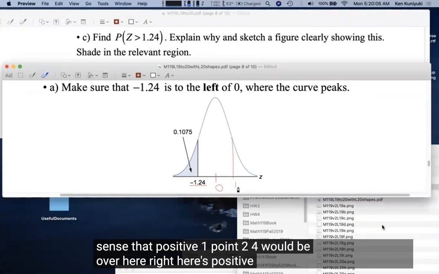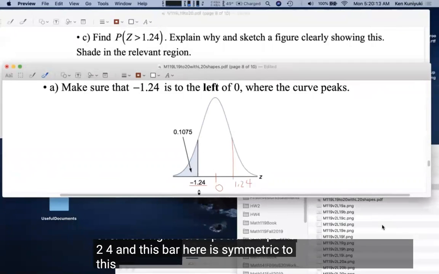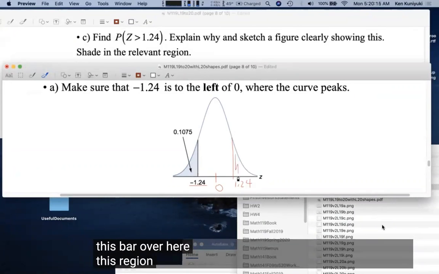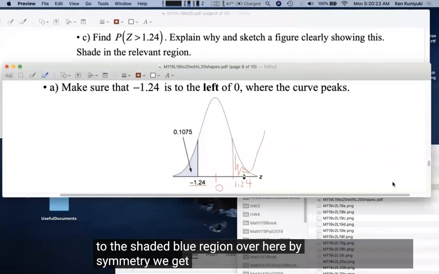Here's positive 1.24. And this bar here is symmetric to this bar over here. This region is symmetric to this shaded blue region over here. By symmetry, we get the same number.